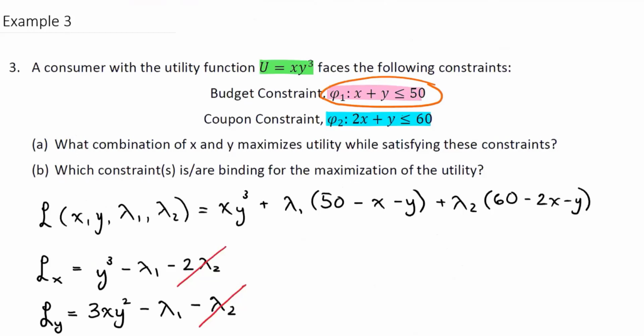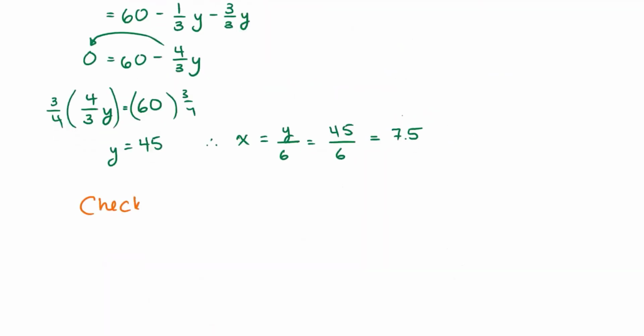So I'm going to take that equation, bring it down here, and substitute in my x and y values. So I get 7.5 plus a y value of 45. Is it less than or equal to 50? Well, this gives me 52.5, which is not less than or equal to 50. So this is no good as well.